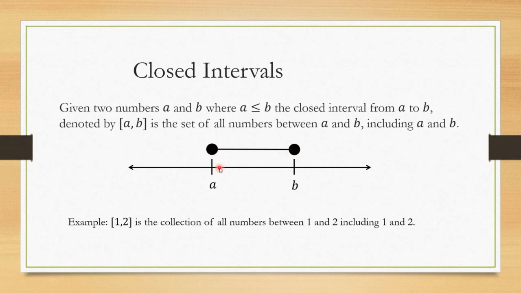Okay, that's what happens here. That's how we graph it. So this interval, for instance, 1, comma 2, these are all the numbers between 1 and 2, but we include 1 and we include 2. 1 and 2 are both included here.